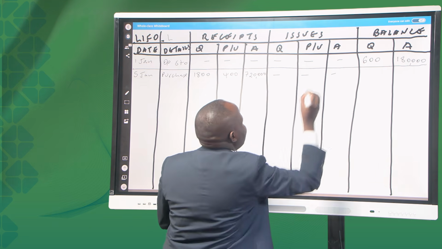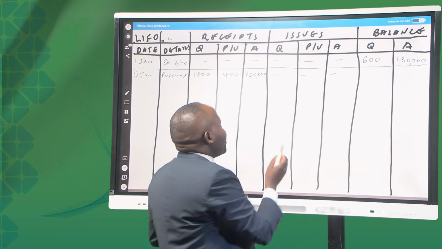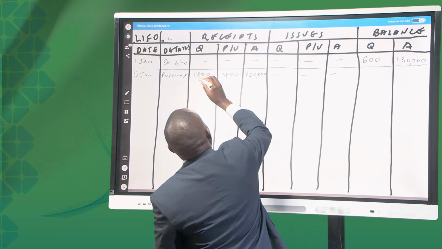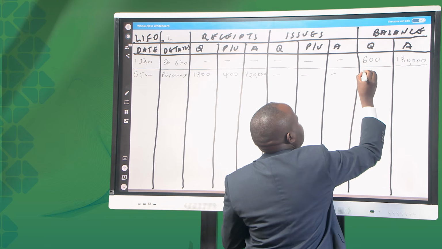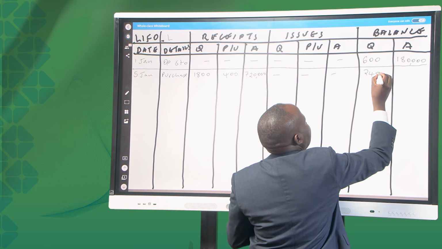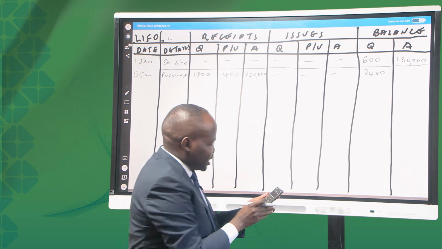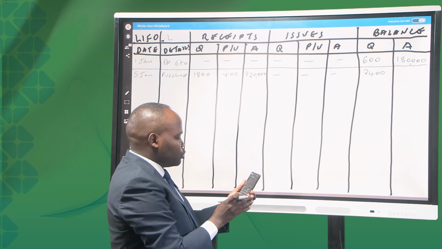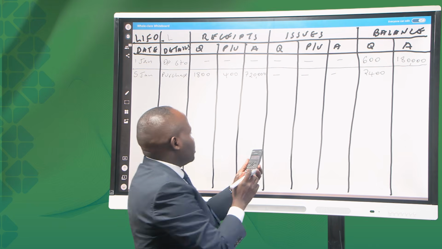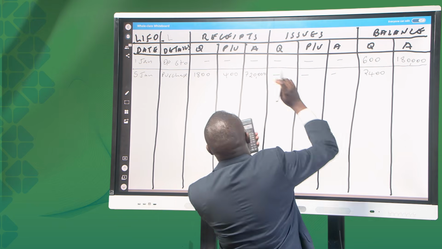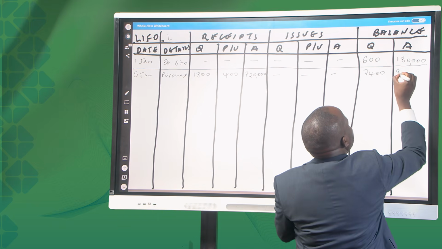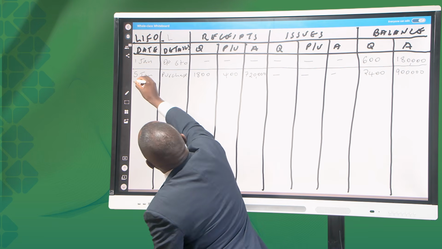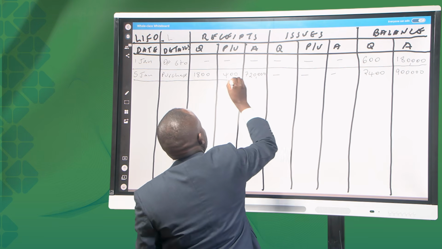So purchases increase the balance. So it is 600 plus 1,800, it gives you 2,400. And then on the other side, we have an amount of 180,000 plus an amount of 720,000. 180 plus 720 gives you 900,000. So we are done with the 5th of January.